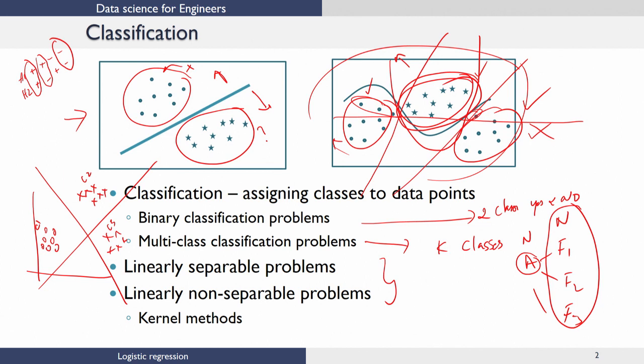So, now you see that when we go to multi-class problems, if we were to use more than one hyperplane, then depending on the hyperplanes you get a certain number of possibilities. So, in this case when I use these 2 hyperplanes, I got basically 4 spaces as I show here.